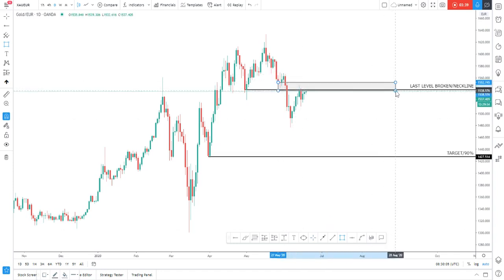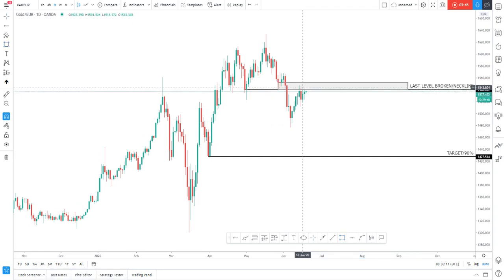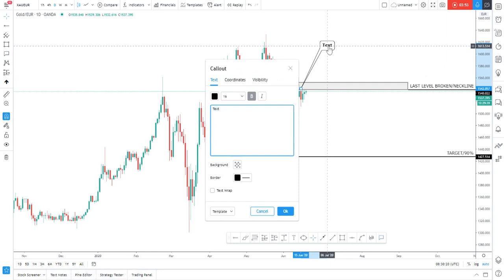Taking my rectangle and dragging it into price, yes, we can see we've got wicks all around this area, and like I always say, wicks equal rejection, so I can put a callout there and tag this as wicks equal rejection.